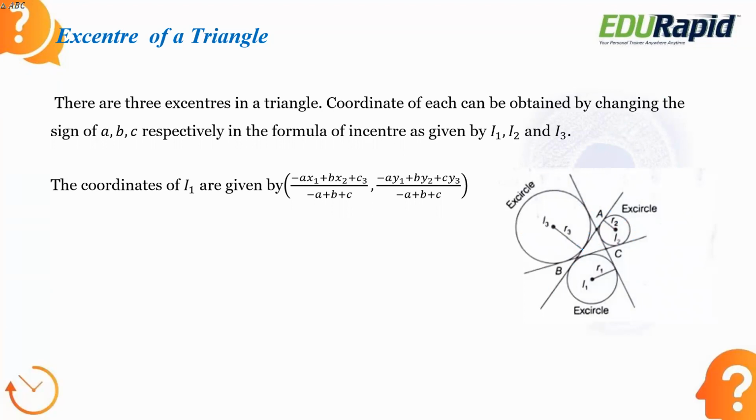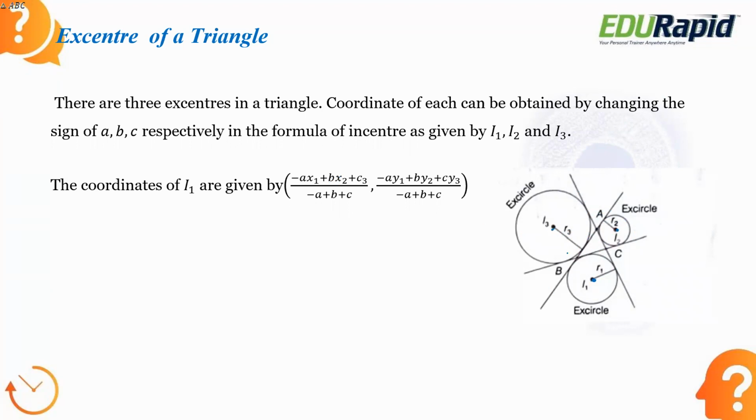So if you consider from this point, the tangent to the center of the circle, these are actually called I1, I2 and I3, the excenters. So how do you get that? By just changing the sign in the incenter formula.